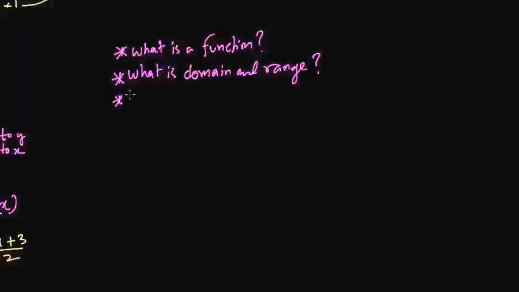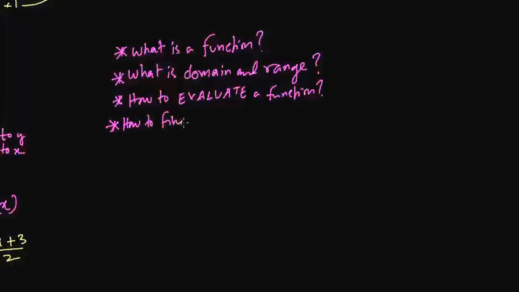Then how to evaluate a function, how to find the value of a function, where you have a domain and you get a range. Then how to find composite function, where you put one function into another.